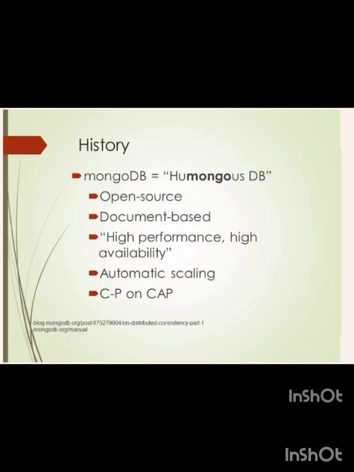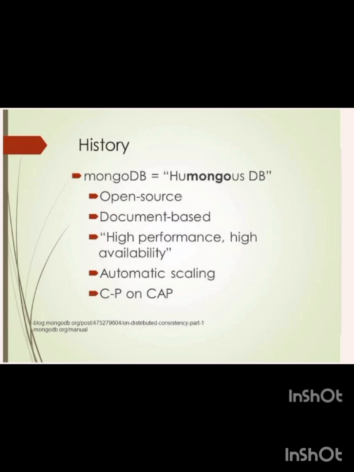So let us see the history of MongoDB. MongoDB is short for humongous DB. It is open source, document based, with high performance, high availability, and automatic scaling. CP on CAP. MongoDB is a source-available cross-platform document-oriented database program.